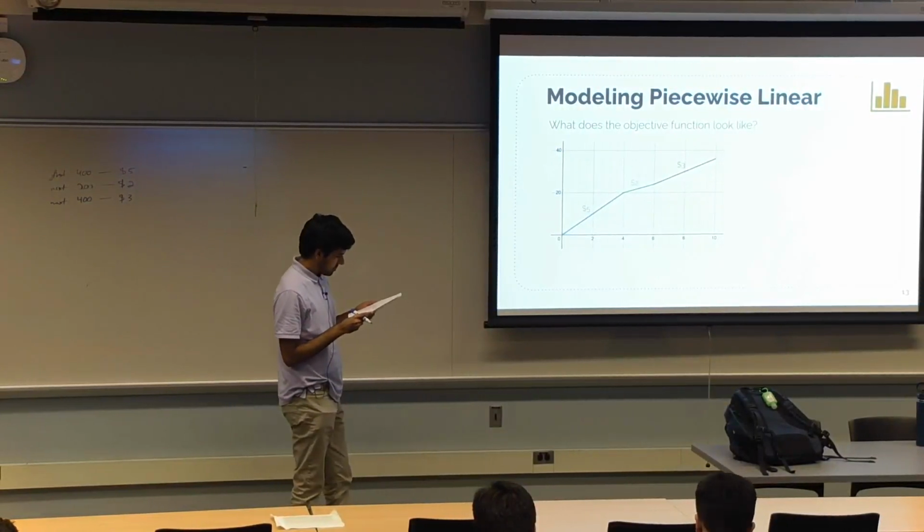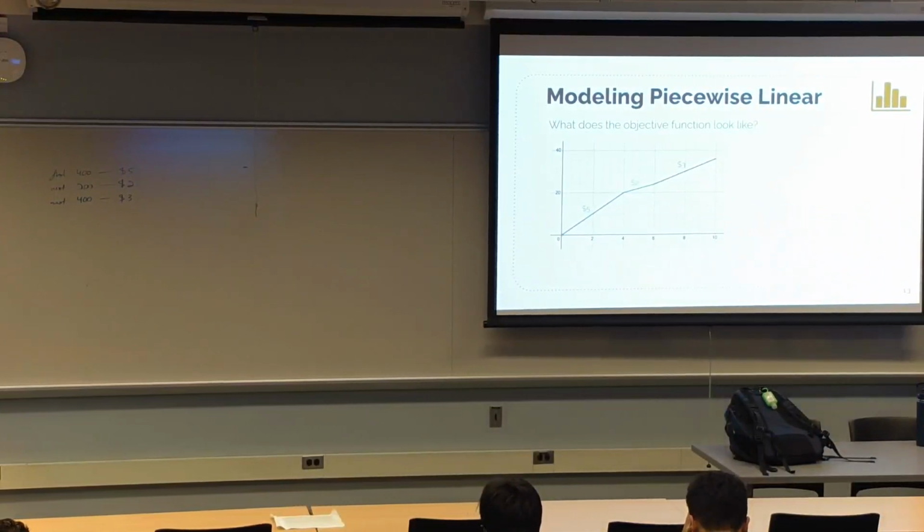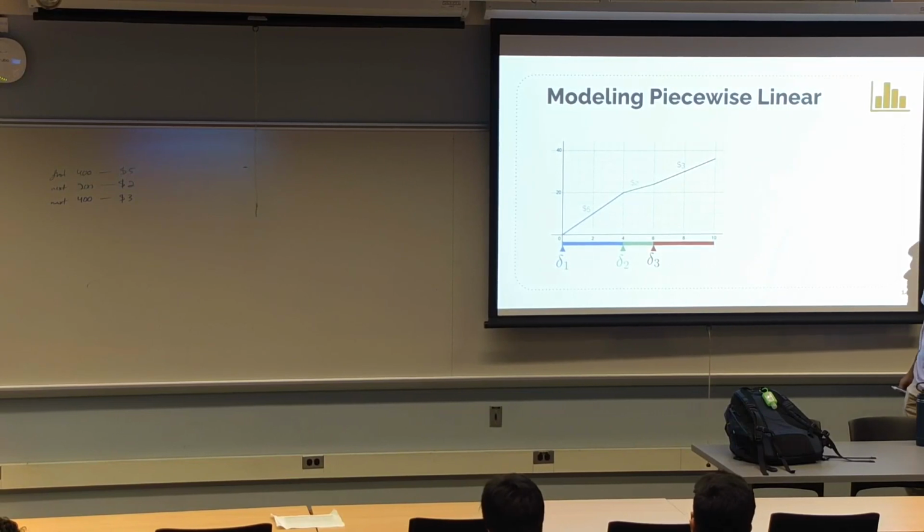Okay. This ends up being quite complex, but here's what we're going to do. We're going to introduce 3 new variables, delta 1, delta 2, delta 3. And they're going to represent how far into each segment we're in.